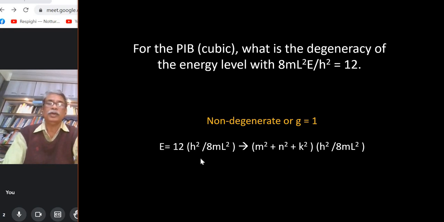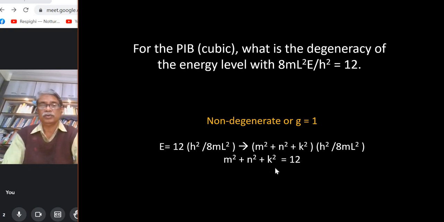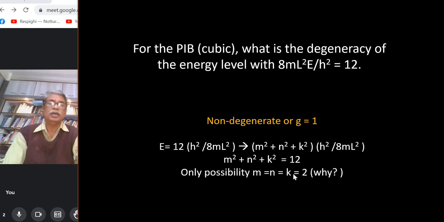So the condition comes out that m square plus n square plus k square has to be 12, and the only possibility is that all are 2. Why only? Because you can find thousands of m, n and k if you allow them to be any number, not restricted to integers. But here they are all integers and integers only. So there is only one condition: m, n, k all are 2.